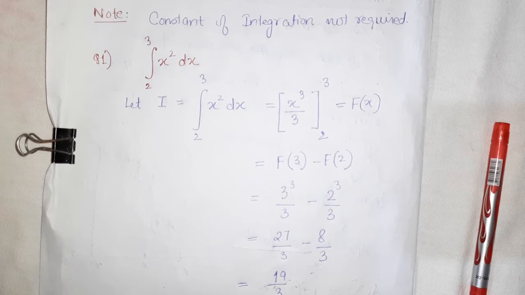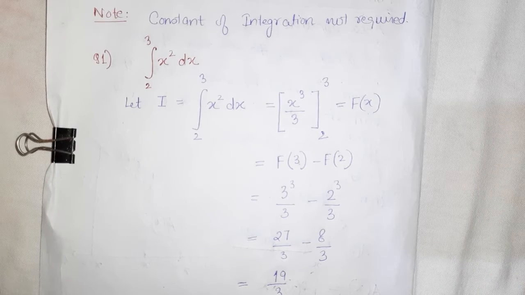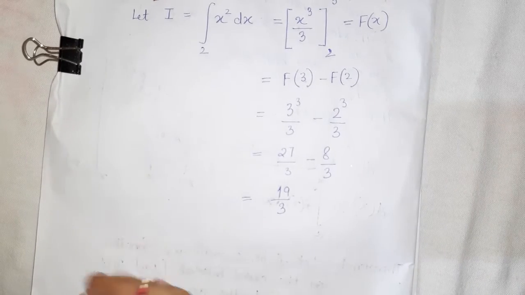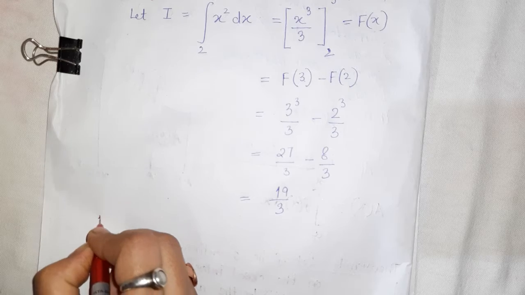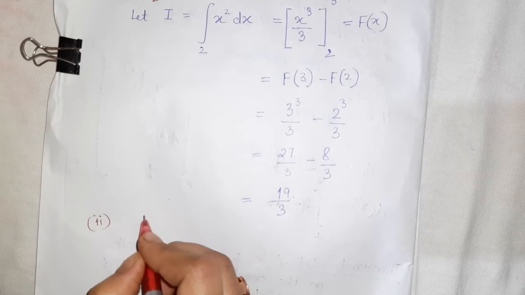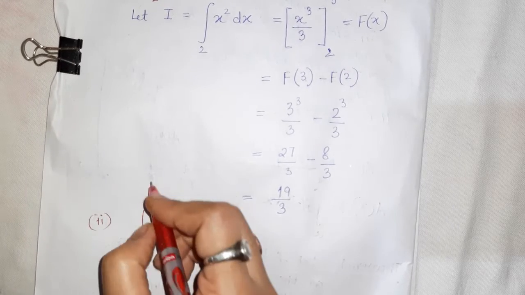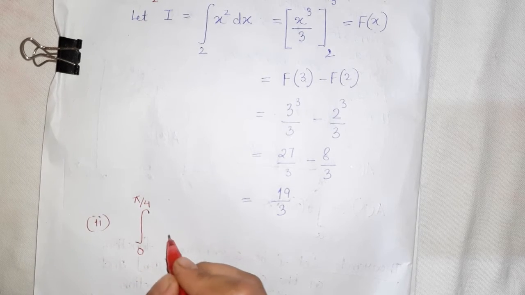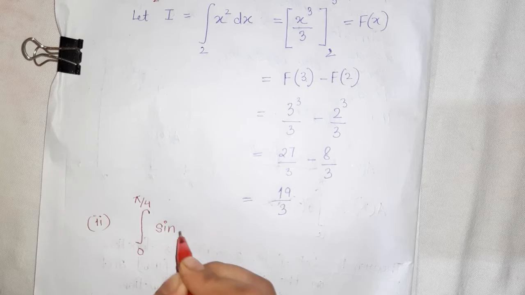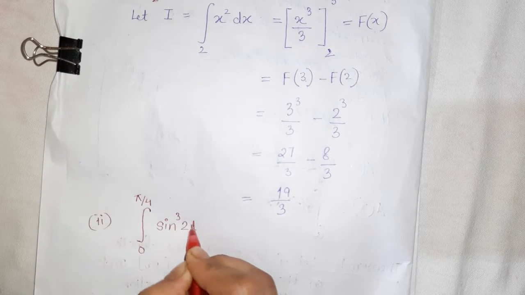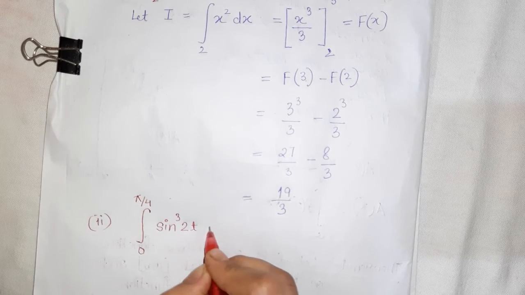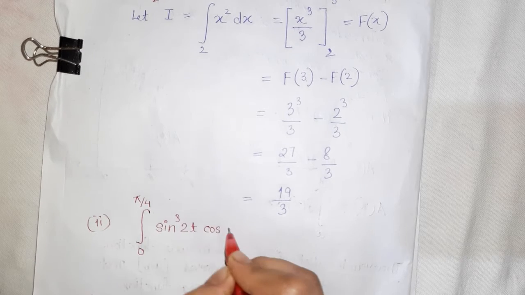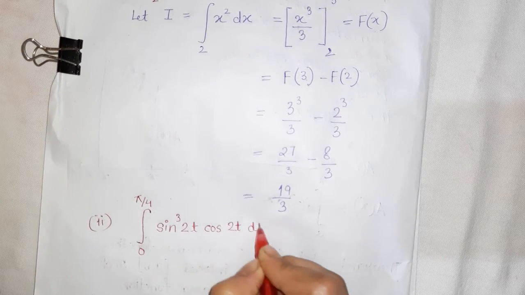Okay, now let's do another one. Integration from 0 to pi by 4 of sine cube 2t cos 2t dt.